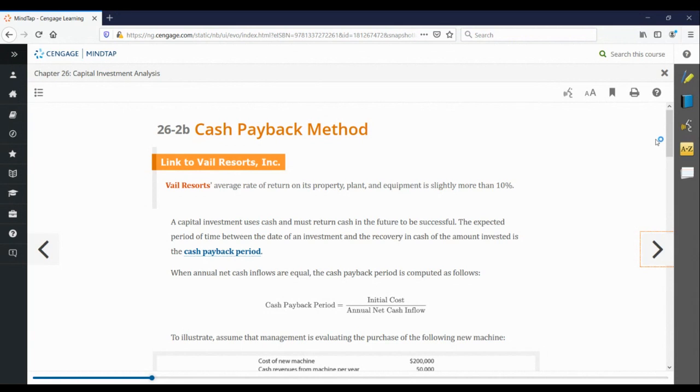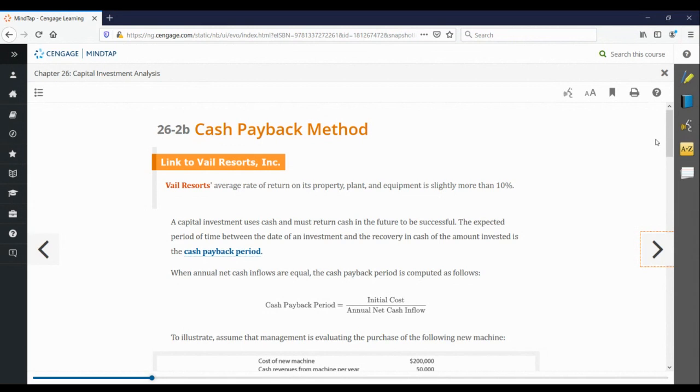And if that was approved by management, then we would subject it further to the present value techniques that we're going to talk about the next time that we meet, or if we don't get to talk about them on Thursday, then we'll definitely do it next week at some point in time.